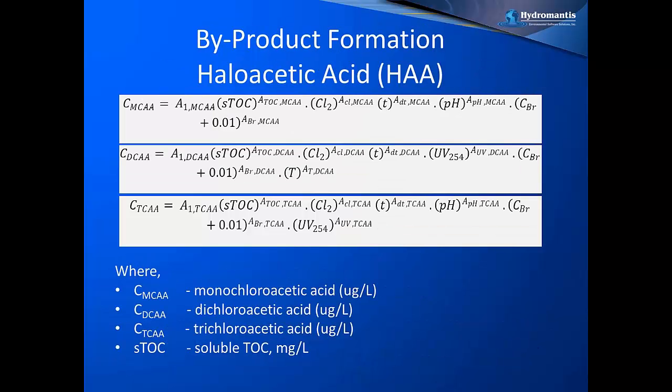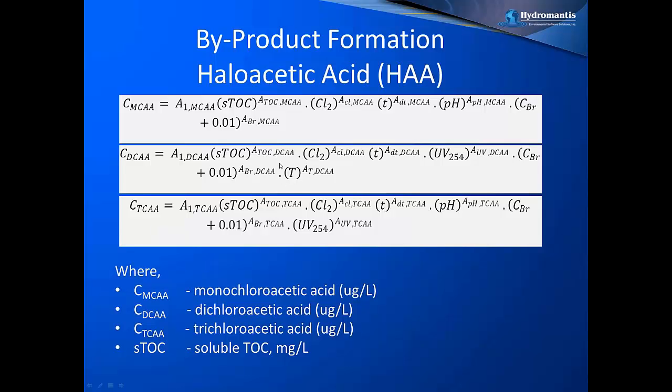Now, another important byproduct that is generated in the chlorination process is haloacetic acid, and there are three relationships which are of very similar nature as we had for the trihalomethane potential. Again, these relationships are coming from Amy's work, and they are used to predict the monochloroacetic acid, dichloroacetic acid, and trichloroacetic acid concentrations.